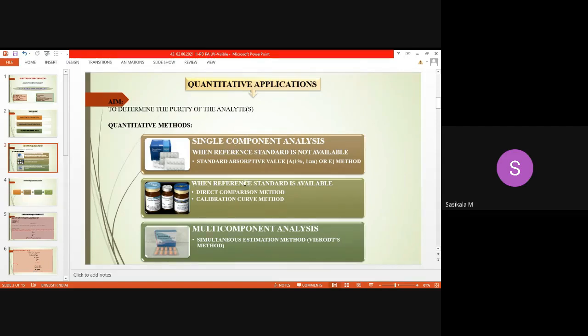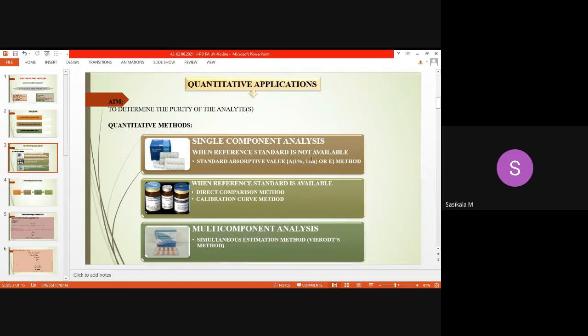If it is not available to compare with your sample, then you need to go for this technique. What is the technique called? The standard absorptive value method, or it may be called the A 1% 1 centimeter method.